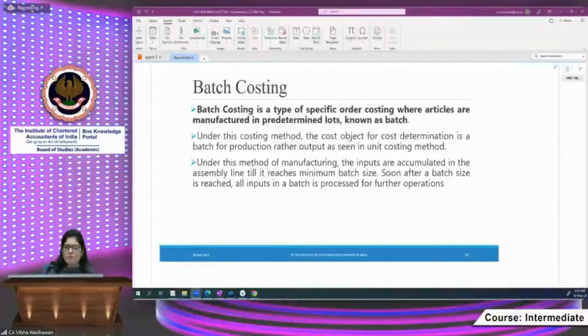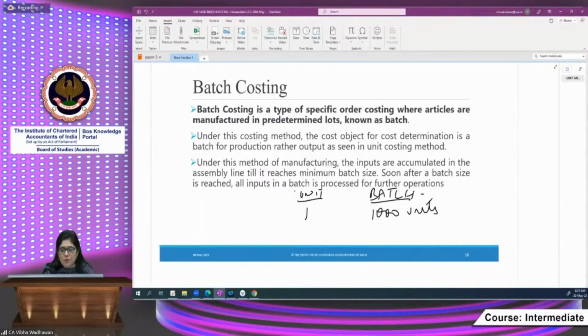Clear? So for example, unit is 1 unit. And then batch size could be 1,000 units. In unit costing, we calculated the cost per unit, but here we will be calculating cost per batch. Cost per batch means total cost divided by total units in the batch.